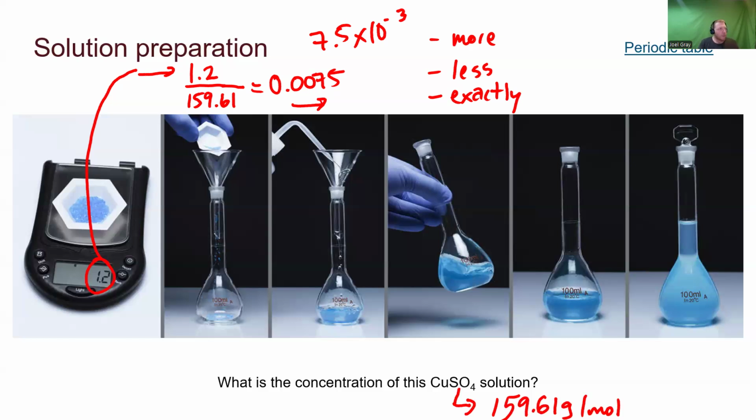Okay. Now the question is, what is the concentration? Well, the concentration is based on the moles, which we've calculated. This is our moles of our solute and the volume of our solution. Can somebody tell me what's the volume of our solution?